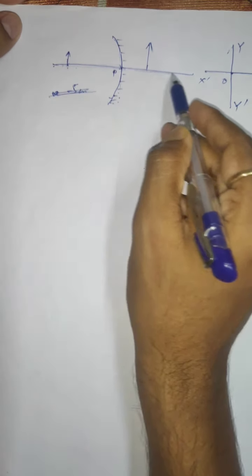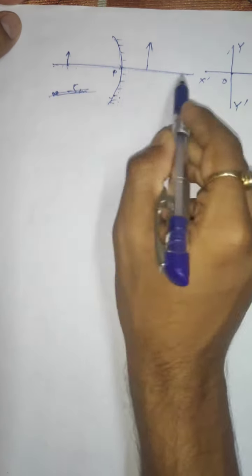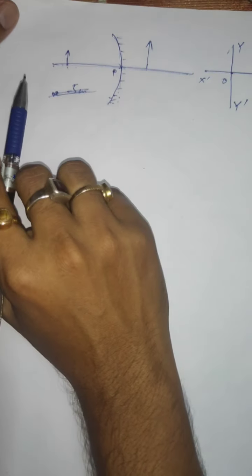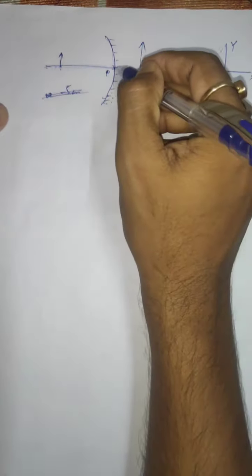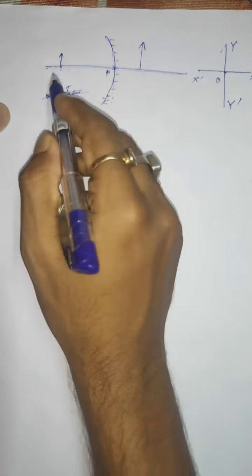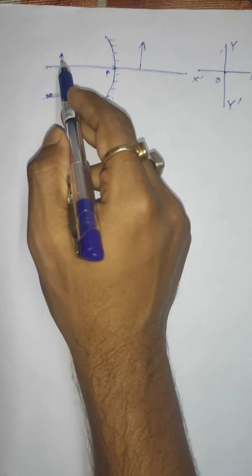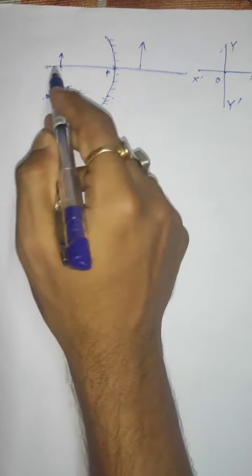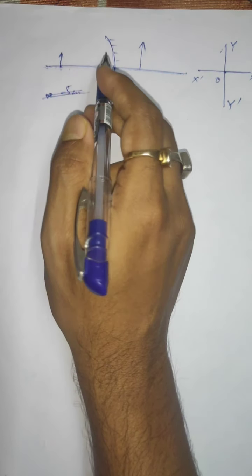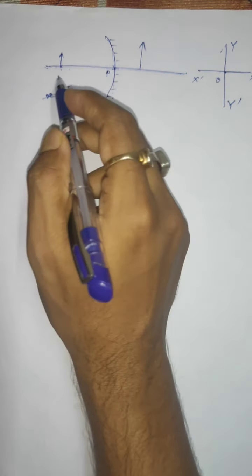Now see, this part is the positive direction according to the Cartesian axis. This is negative, this is positive, this is negative. Usually we place the object here in case of a concave mirror. As the object is placed on this side, it is usually negative because this is the negative direction of the x-axis in all cases.